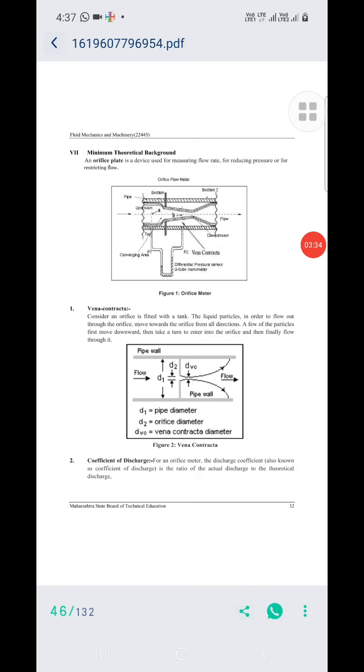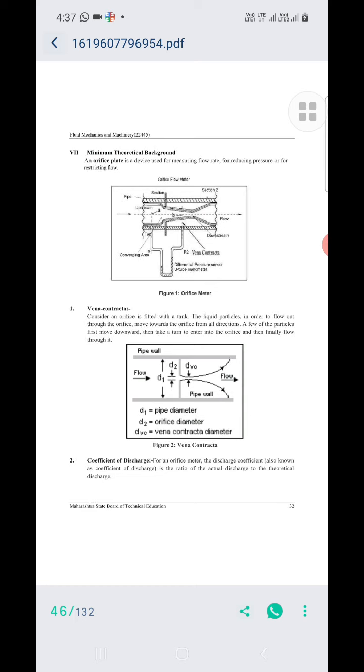Next is the orifice meter. An orifice meter is a device used to measure the rate of flow by reducing pressure or restricting the flow. As shown in the figure, the figure shows a venturi orifice meter. Next is the vena contracta. The orifice is fitted with the tank.